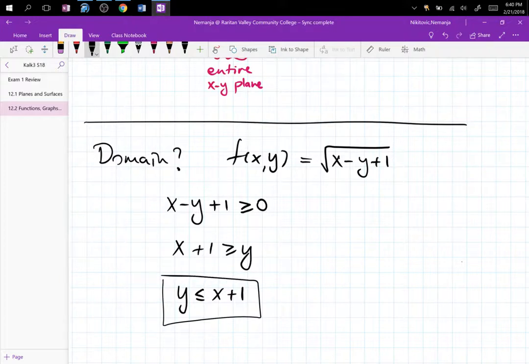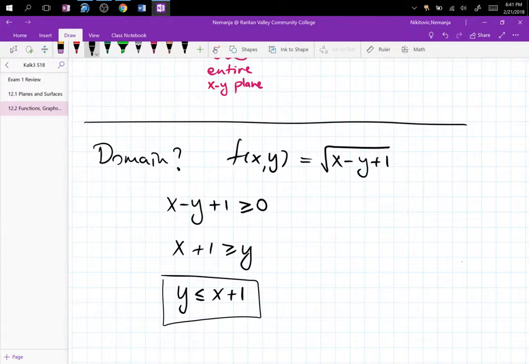And this is your domain. Now, can anyone tell me what this means? What is the physical domain of this function now that I wrote this? What should I draw? What should I either exclude or shade? Yes? Would it be a diagonal line? X plus 1?